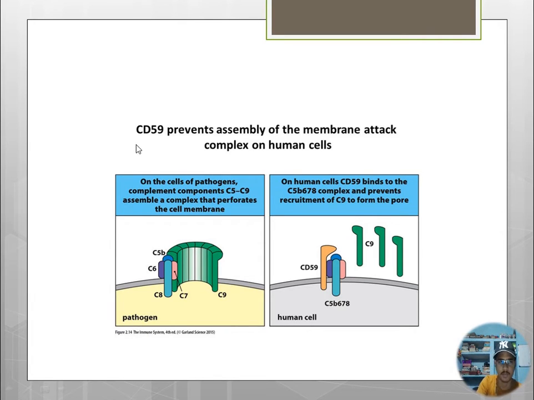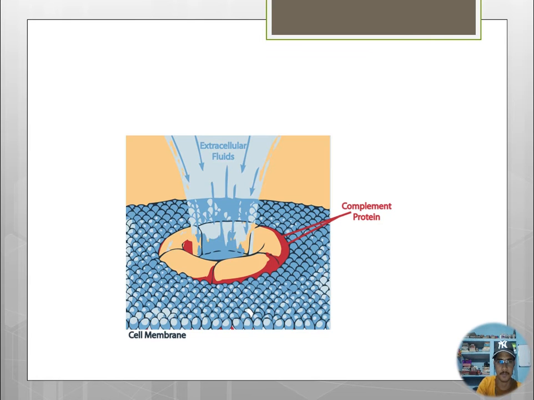Here you can see the CD59, which is an endogenous regulatory protein. There are other endogenous regulatory proteins like CD55, CD46, and CD35. So this CD59 prevents the C9 polymerization, so there is no pore creation in the self cell.